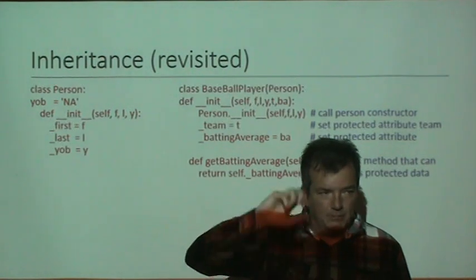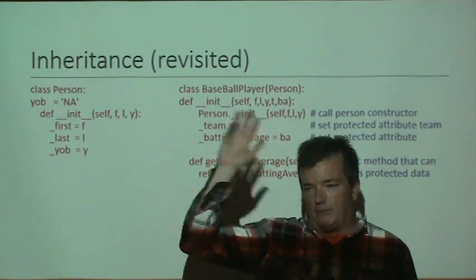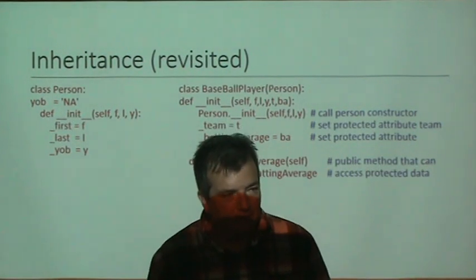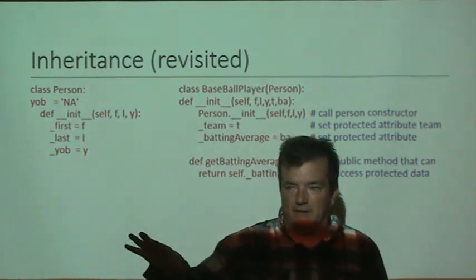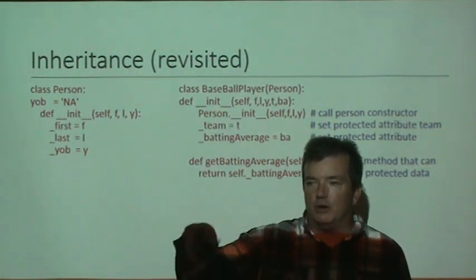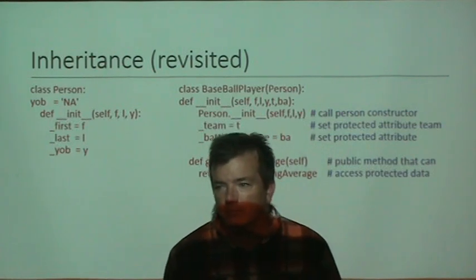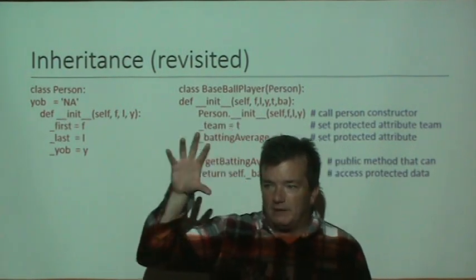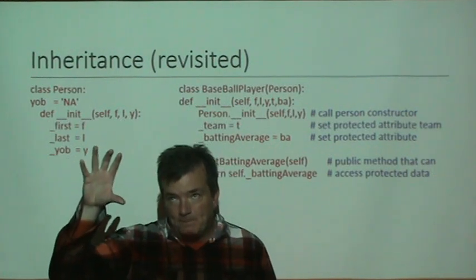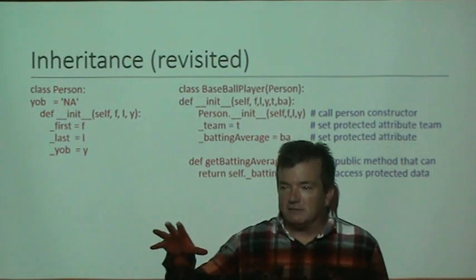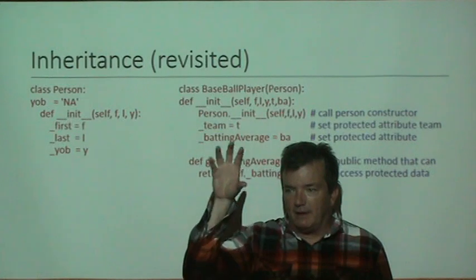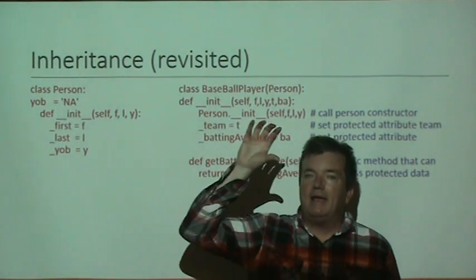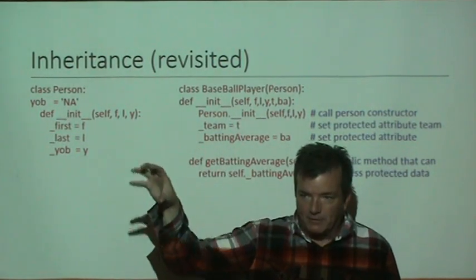In addition to being a person, you have a batting average and a team that you play on. Those are your definitions. We don't expect Python to know how you want to define a baseball player. We'll make it up. So if you're going to start making up structured data, you use classes. Classes are how you describe to Python how the data should appear.